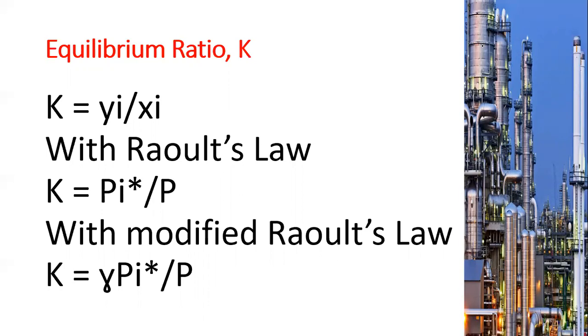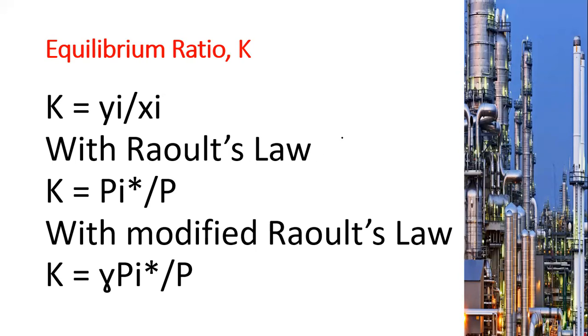So basta ang equilibrium ratio K, ang kanyang definition is Y sub I divided by X sub I. Yung sinolve natin kanina, di ba? Nagsosolve tayo ng Y1 tapos nag-assume tayo ng X1. So yun, pag kinuha nyo yung ratio ng Y1 at saka X1, ang tawag doon, equilibrium ratio, K. So meron tong mga figures sa handbook natin wherein you can get the value of K. So, halimbawa, in-assume natin na valid ang Raoult's law.